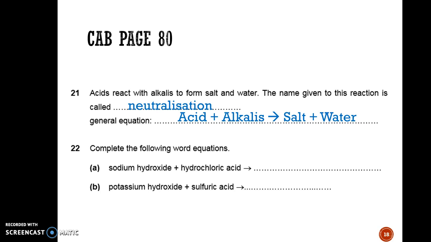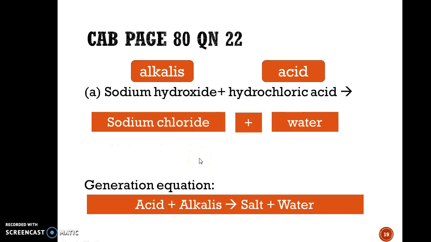Similarly, we look at sodium hydroxide and hydrochloric acid. Let's see what happens now. Remember, all the acids will end off with the name acid itself. Sodium hydroxide is an alkaline, correct?